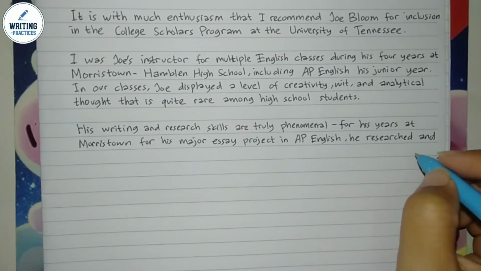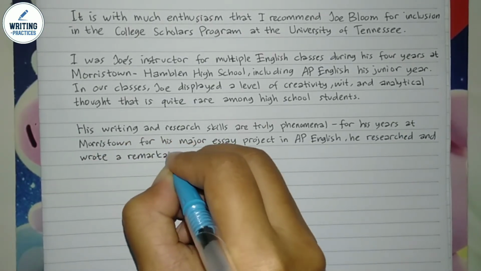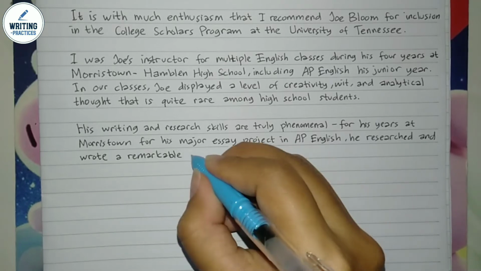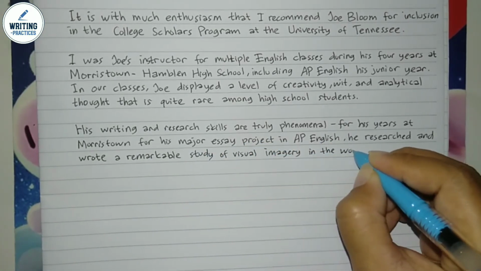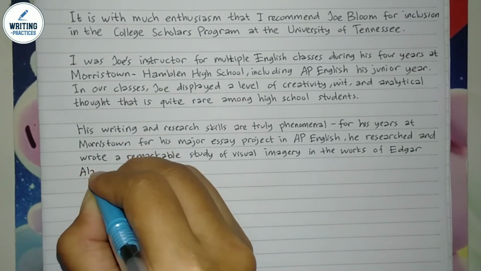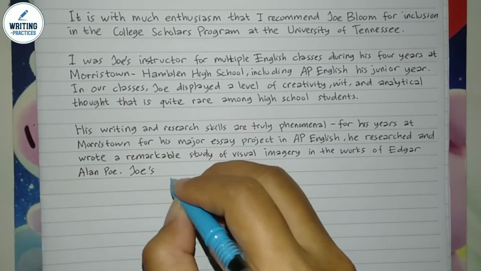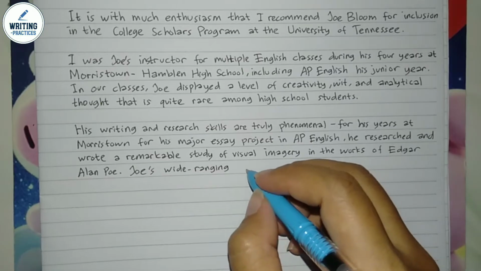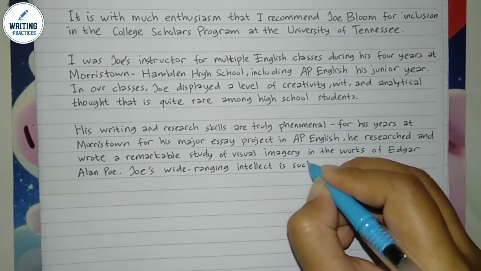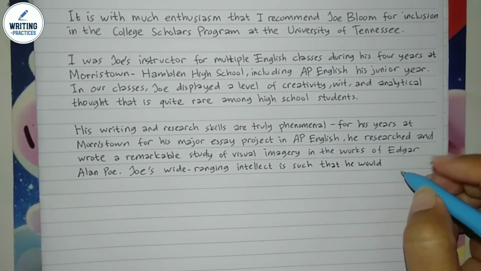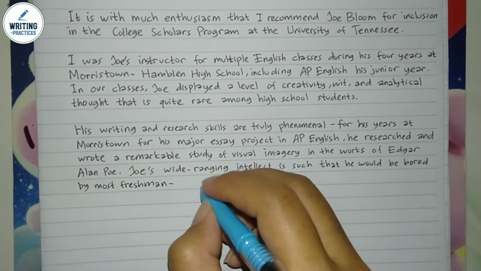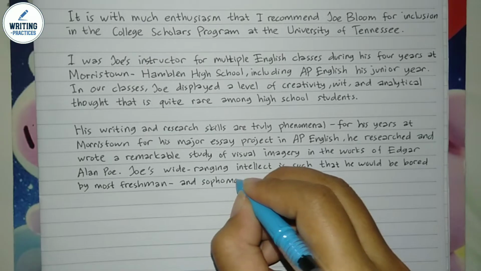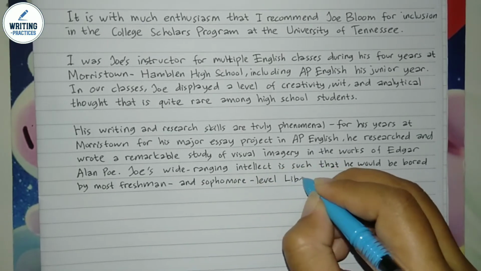Always remember, you have to focus on mentioning those that are relevant to the program or major that the student applies to. If it is about art, then tell about achievements in arts, and so on.